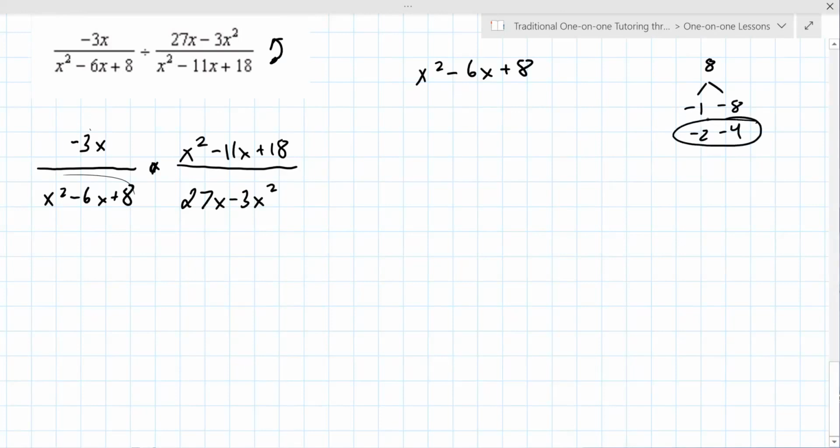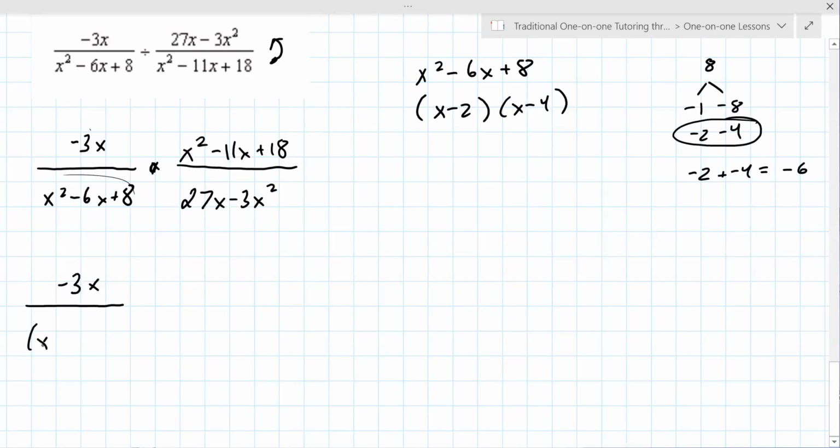Would it be -2 plus -4, yeah, they're both negatives. So it's like I owe my friend $2, I owe my friend $4, now I owe them $6. So we got x minus 2, x minus 4, and that's this bottom left position.